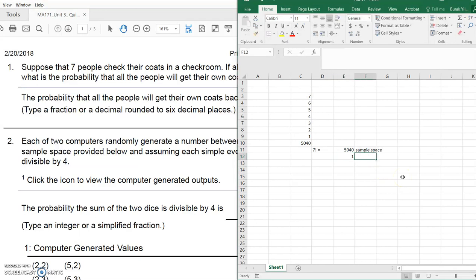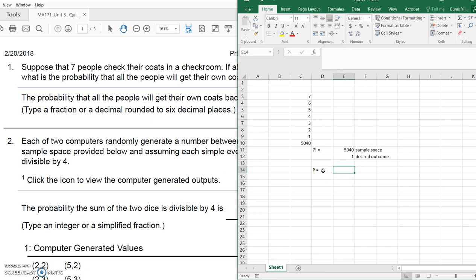So the desired outcome only happens in one way. So the probability then is just 1 divided by 5,040.